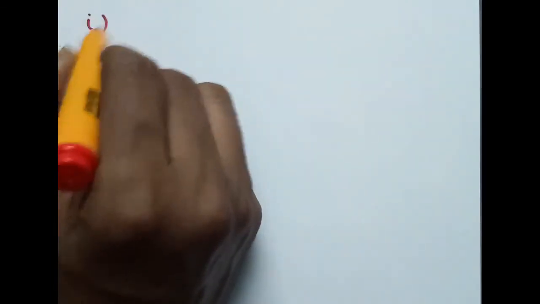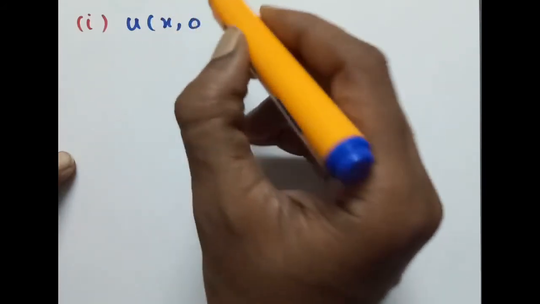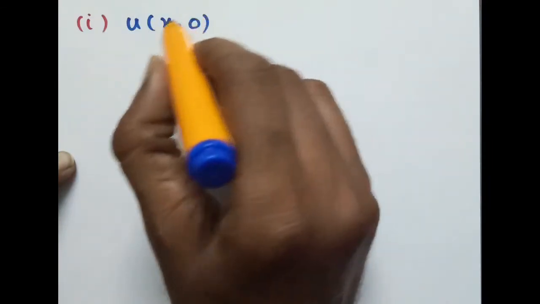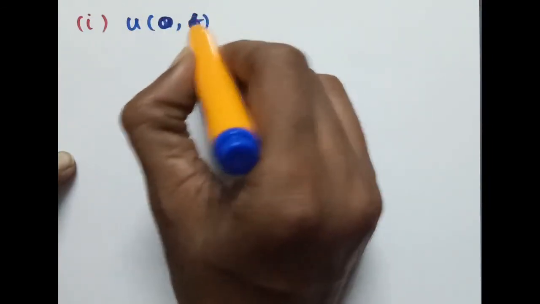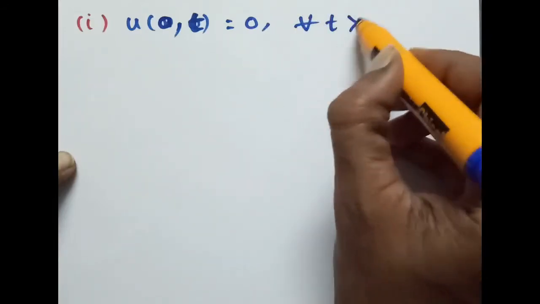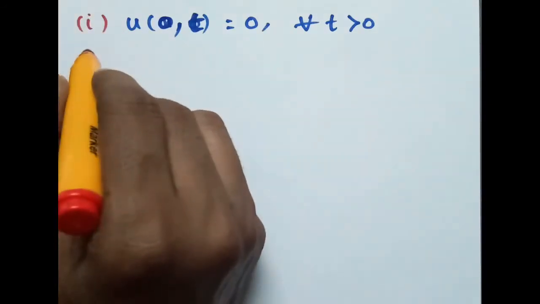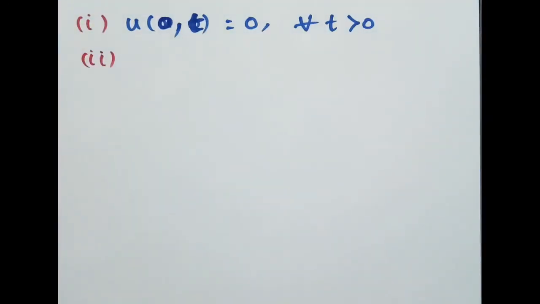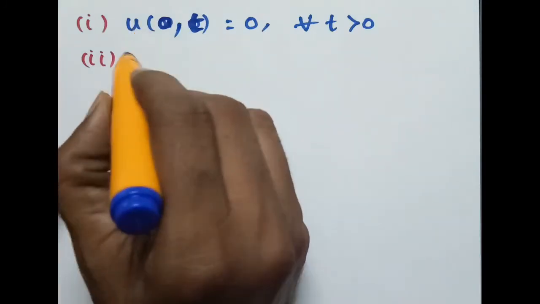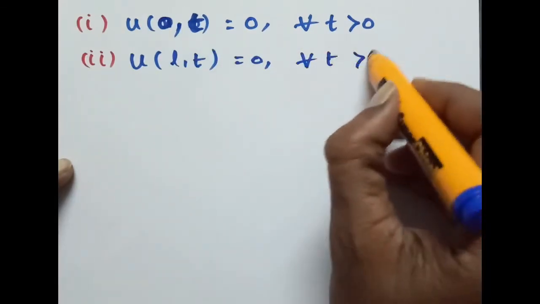Condition number 1: at one end A, the temperature u(0, t) = 0 for all t > 0. Second, at the other end B, u(L, t) = 0 for all t > 0.